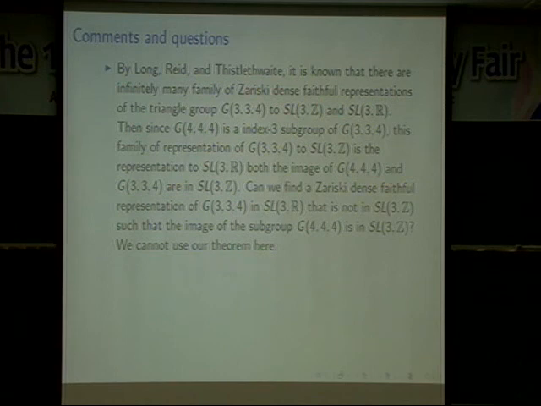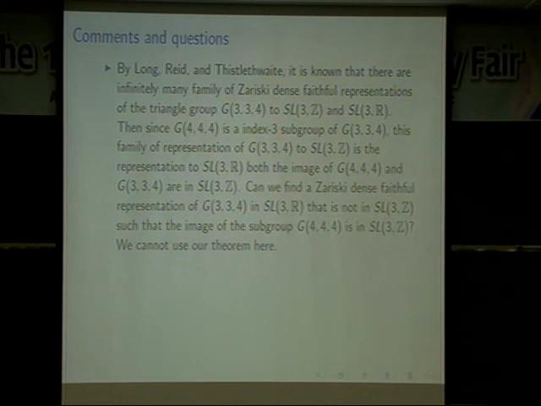So there are some comments and questions. I looked at the work of Long and Reid, sorry, I cannot pronounce the name, but Dr. T, and it is known that there are infinitely many families of Zariski dense representations of the triangle group G334 to SL3Z and SL3R, and G44 is an index 3 subgroup of G334.